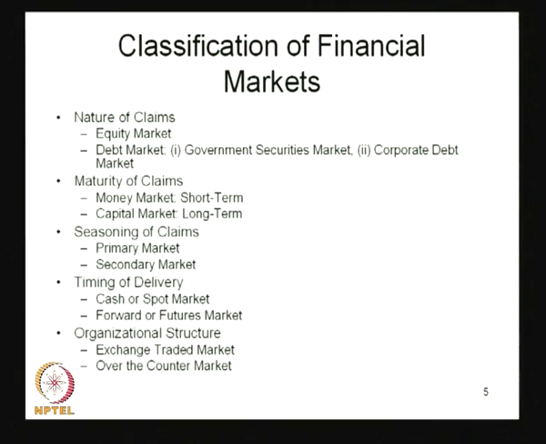But if the investor wants to invest for a long period of time, or is looking for assets which are long term in nature, they generally go to the capital market. So, in most cases the short term instruments are available in the money market, and the long term instruments are available in the capital market.